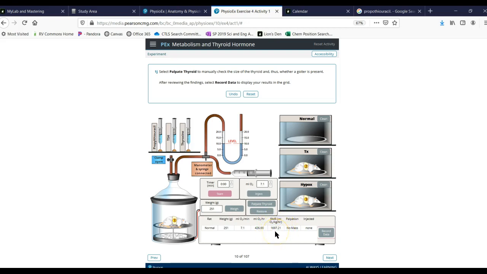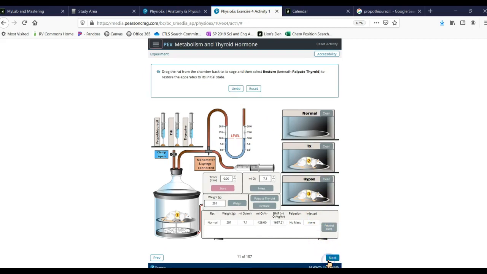This is what is going to go up or down depending on the rat. Then record data, next. And then it says drag the rat back and hit restore, and that resets the whole apparatus. So you do the same thing for each rat, and then you inject each rat and do the same thing for each rat again. Just follow the directions, remembering to always hit record data.